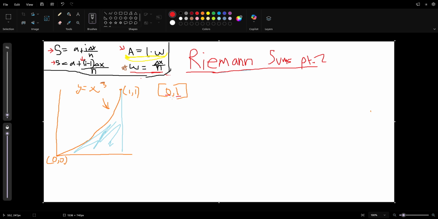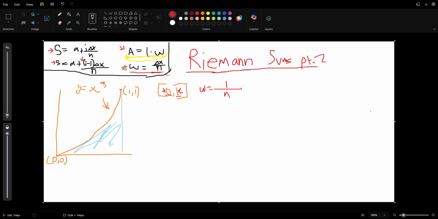Delta x is just the second value minus the first one, which will just be 1. So delta x is 1 over n, since we don't know how many rectangles there are, and n represents how many rectangles are under the curve, so that's just going to be n. So this is the width.